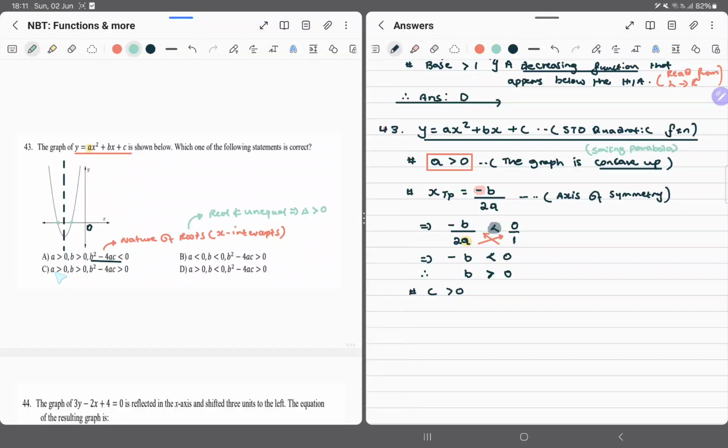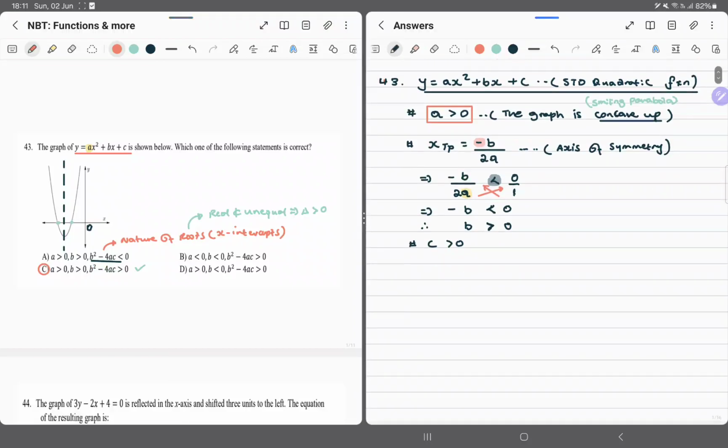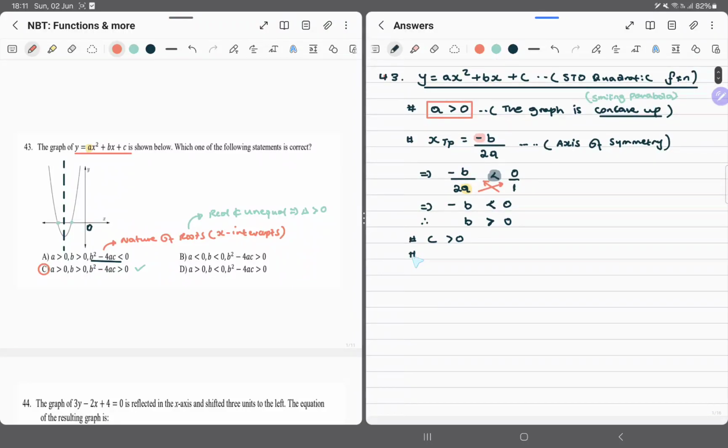So let's look at C here. It says a greater than 0, b greater than 0, and the discriminant is greater than 0. This is definitely correct. So it means C is the best option that speaks sense about the given sketch. So it's not gossiping here. We can see that the discriminant delta is greater than 0 here.